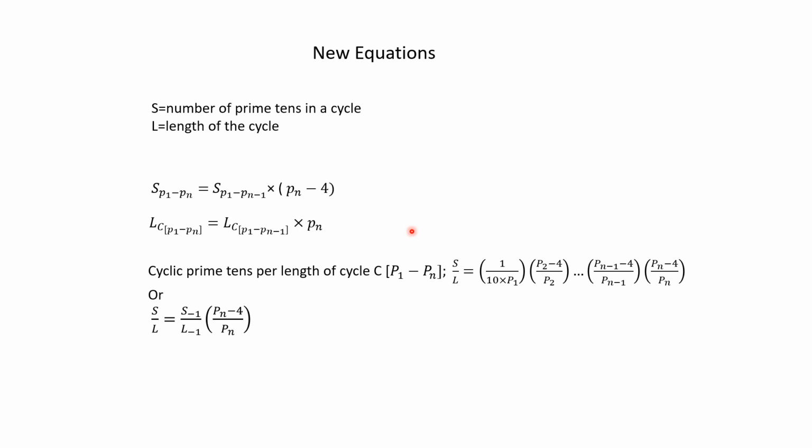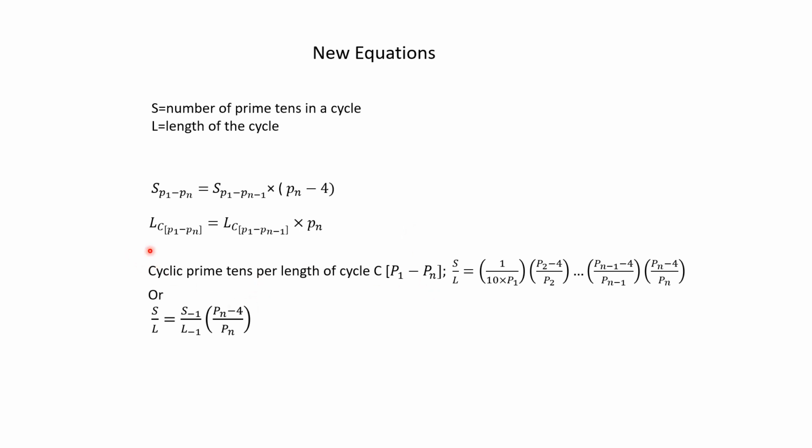Because we studied already in this video that because of the combination process, all the empty boxes in one cycle are gonna combine with the empty boxes of the cycle of the prime number that is merging with the cycle. And any prime number Pn has Pn minus 4 empty boxes, right?